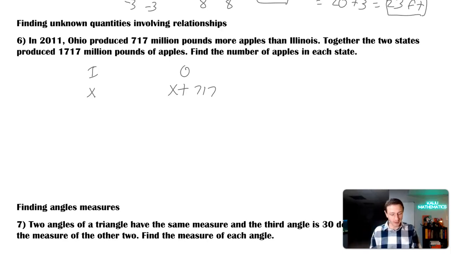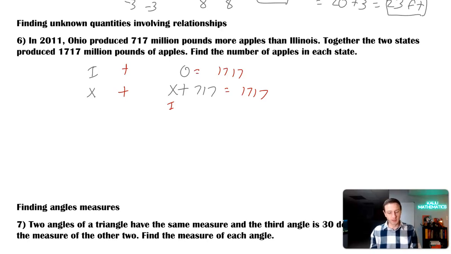And then it says together, they produced 1717 million. So Illinois plus Ohio is going to give me my total of 1717. So Illinois, which is X, my unknown, plus Ohio, which is X plus 717, is equal to the total of 1717.